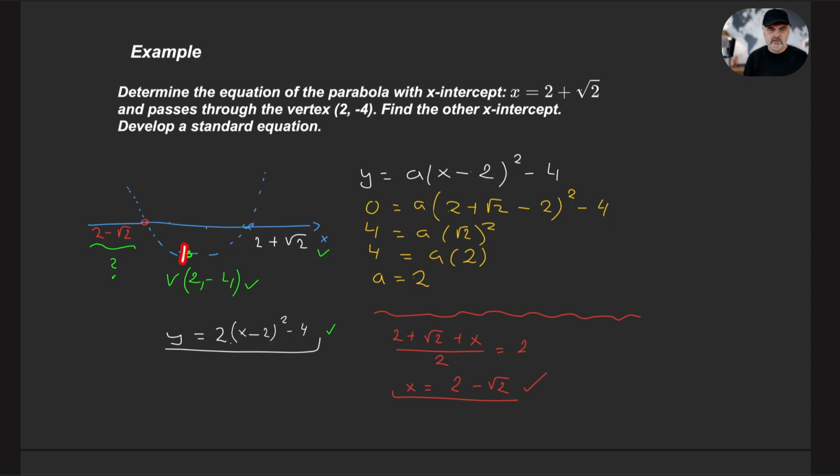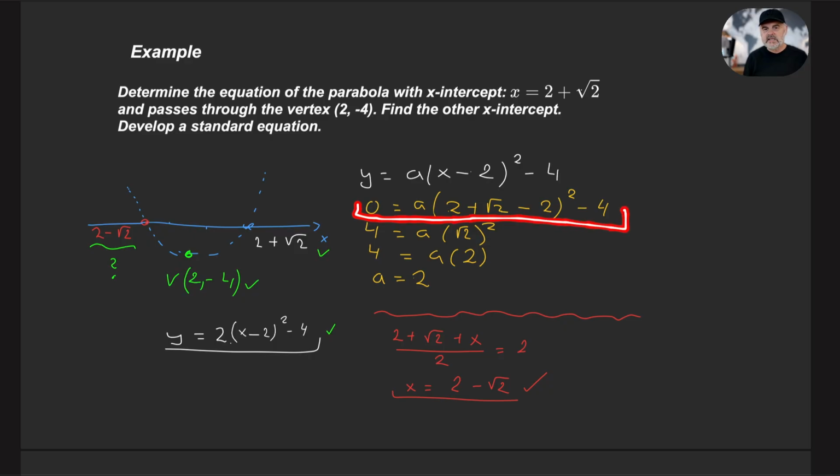There is the location of the vertex, and by symmetry, the second point that we will find a little bit later can be obtained just because we know that the parabolic shape is symmetrical about the axis of symmetry, which always passes through the vertex.